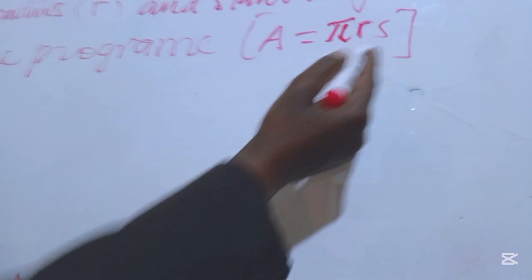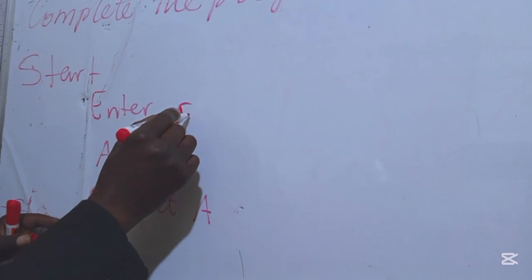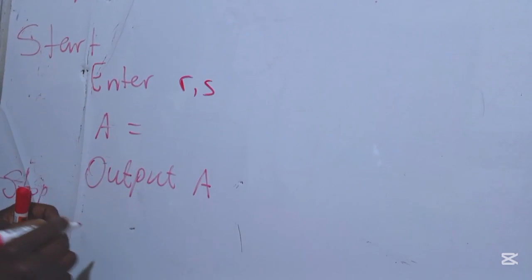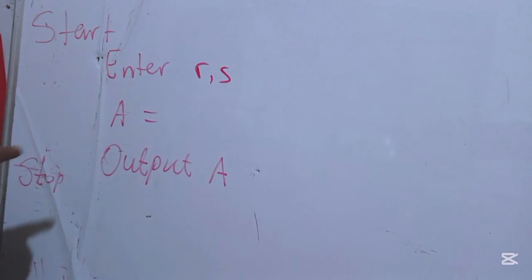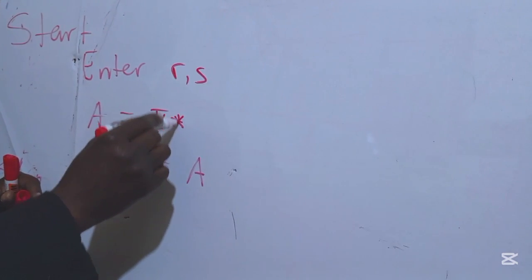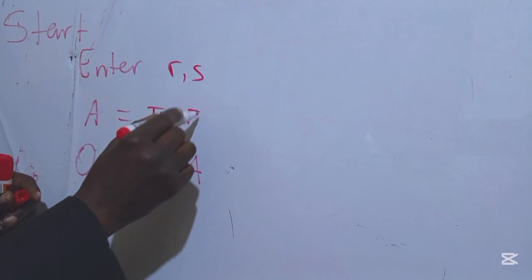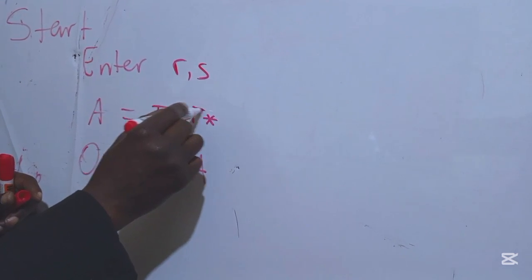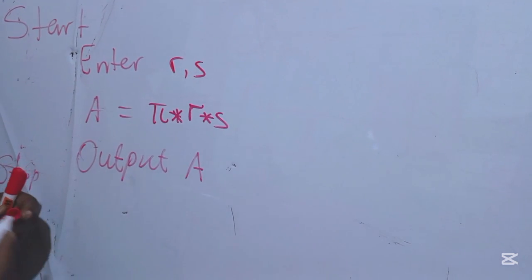So you should identify your variables here. My variables are R and S, so I'll enter here R and S. After entering R and S, I will write the full formula here, but remember, I should put asterisk R asterisk S. It means we are done.